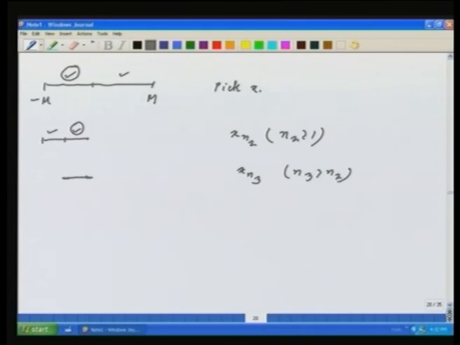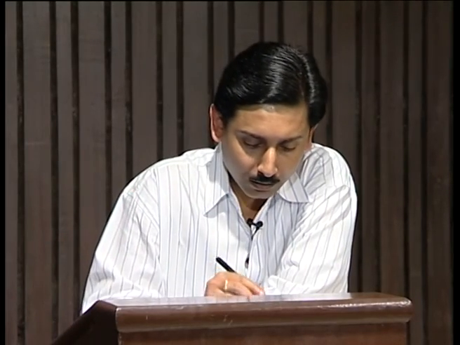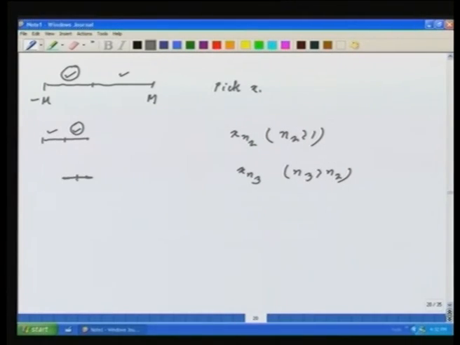That choice I can make because I certainly have infinitely many elements at my disposal. Now, again I subdivide this into two equal parts. Now, either this has infinitely many or this has infinitely many. Let us assume this has, then again I will write it here and I will pick an element x n 4 from there with the condition that n 4 is strictly bigger than n 3.